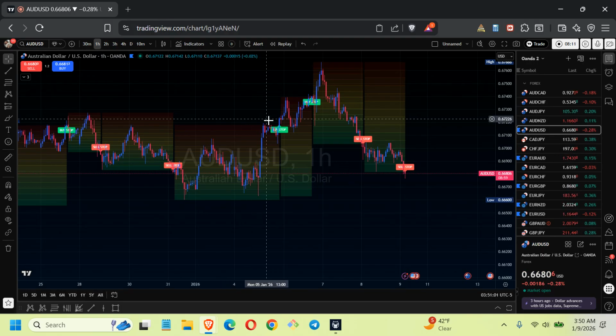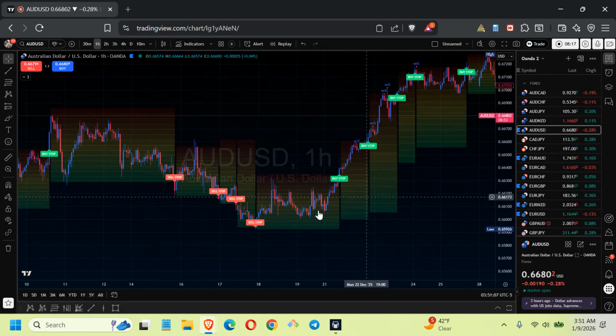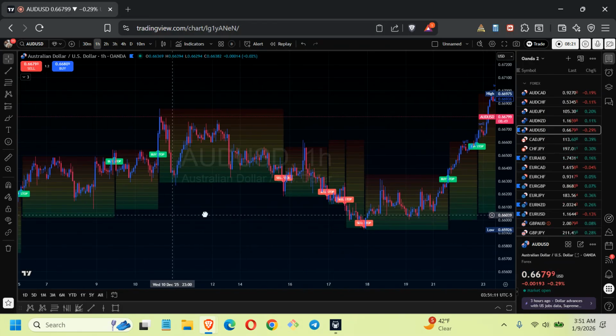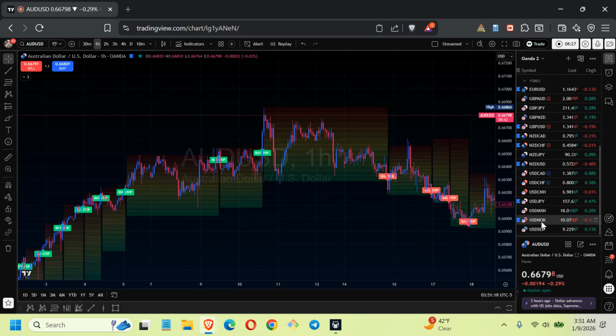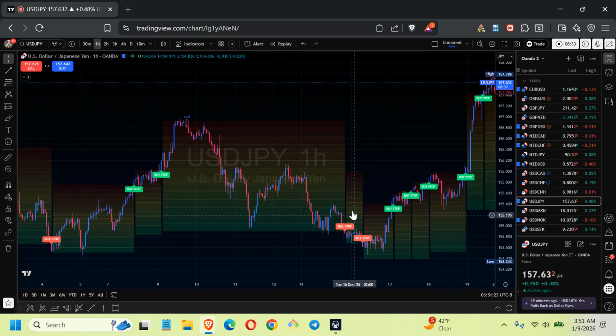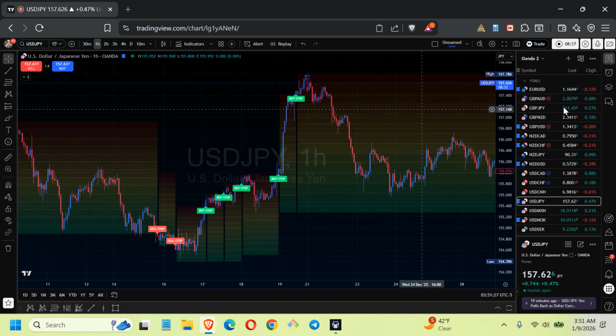Then we got the breakout break. I don't see any engulfs, but I'm gonna show you. It's not even set up properly because all of these are alerted.